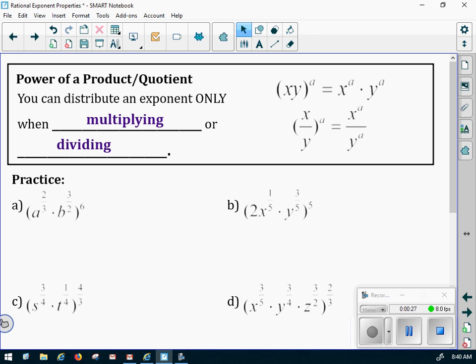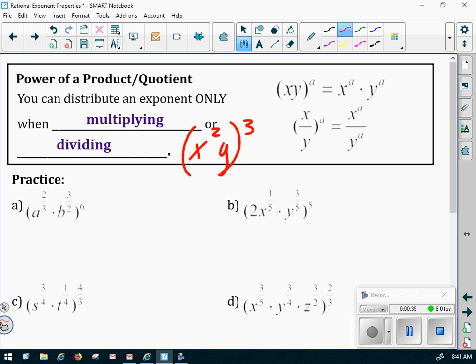If I give you x squared y to the third power, don't do it, don't write it down, just look at it. What is x squared y all to the third power? X to the sixth times y to the third.